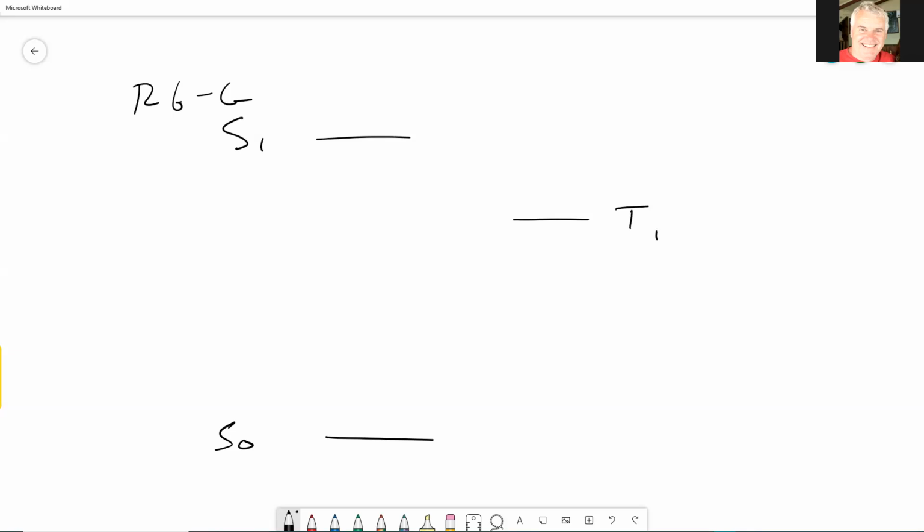And each of these states has a number of vibrational substates, which we will not resolve, but we'll be able to see the width of the peak, because there will be some mixing of these vibrational modes, right?